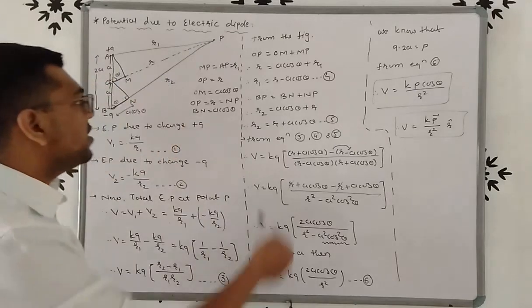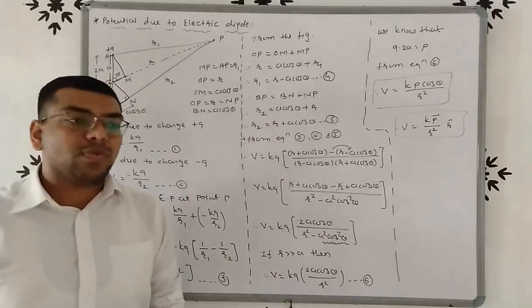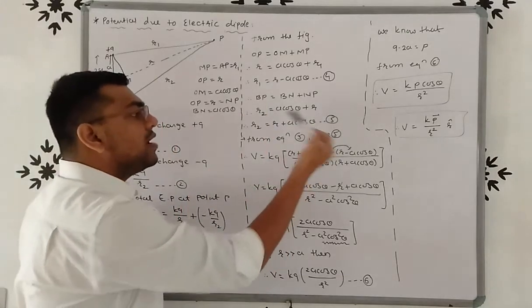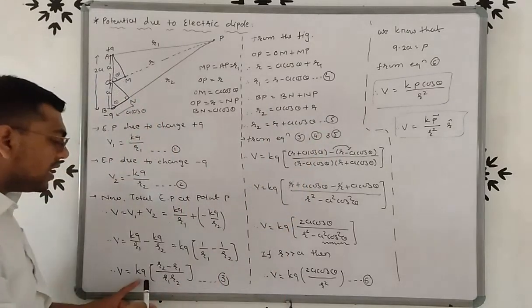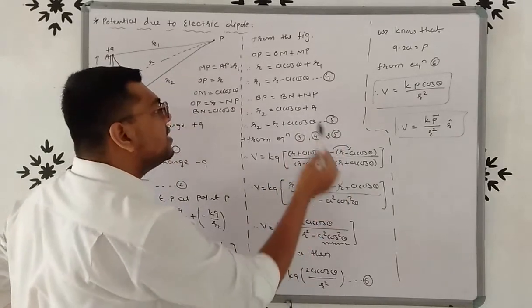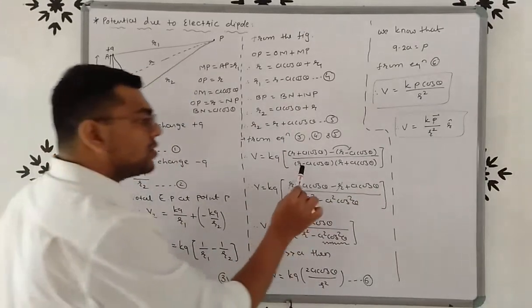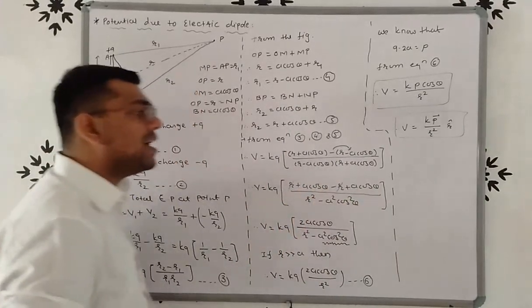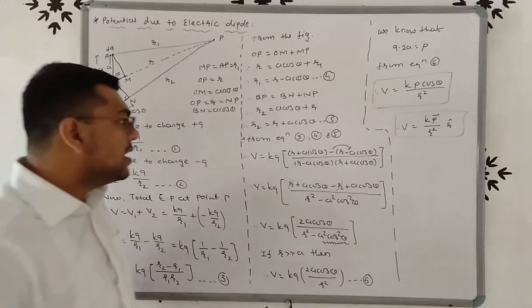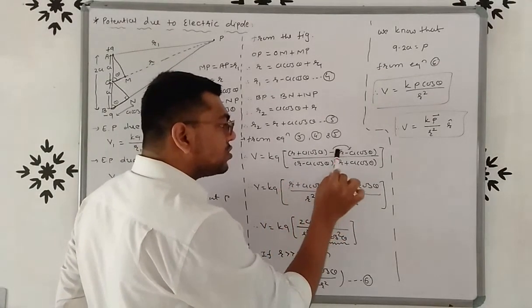Now we put the value of R1 and R2 in equation number 3. So from equation number 3, 4 and 5, V is equal to Kq, value of R2, R plus a cos theta, minus R1, R minus a cos theta, upon R1 into R2. So R minus a cos theta into R plus a cos theta. Now see here, R plus a cos theta as it is, this minus goes into the bracket.